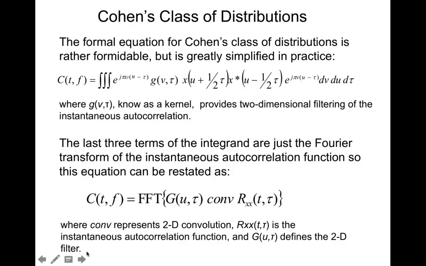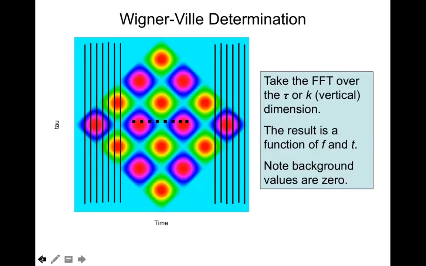The goal of the two-dimensional filter is to get rid of as many cross terms as possible. Now the Wigner-Ville distribution, which is the one we just looked at, has a kernel function of 1. So it's simply the Fourier transform of the instantaneous autocorrelation, and that's what results in all these unwieldy cross terms.